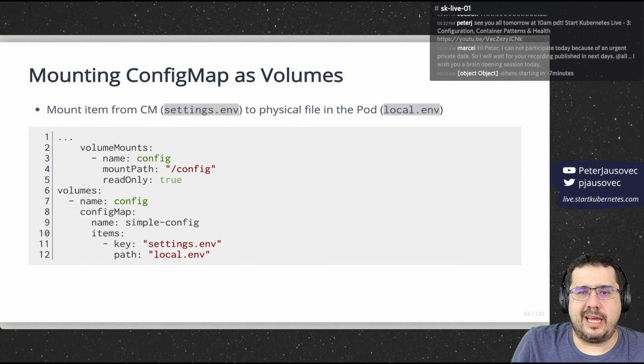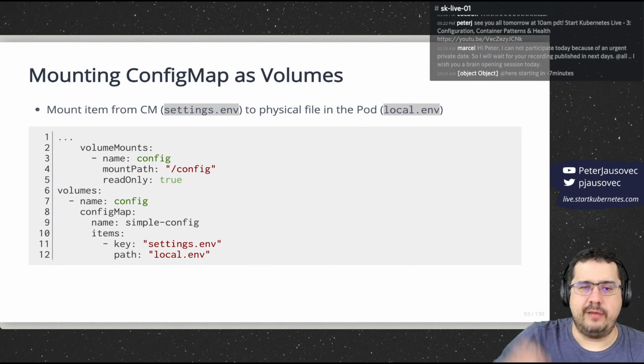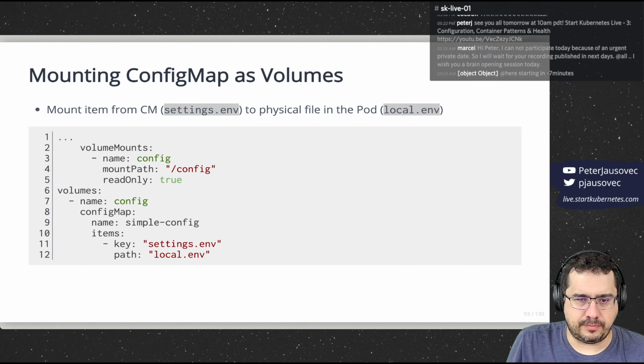We'll see in the lab and in the demo how this shows up. But if we were to go into that specific container and into the config folder, we would see that local.env file created, and the contents of that file will equal the contents of settings.env, which came from the config map.